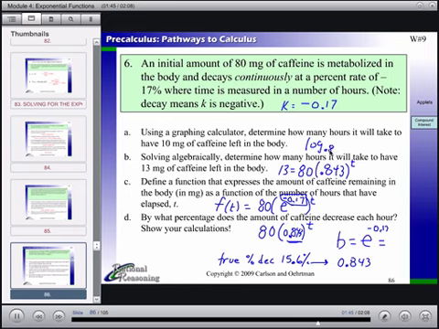Did anyone get that answer? Just over an hour to get down to 13 milligrams? No, that's not right. What is it? 10.6. 10.6.